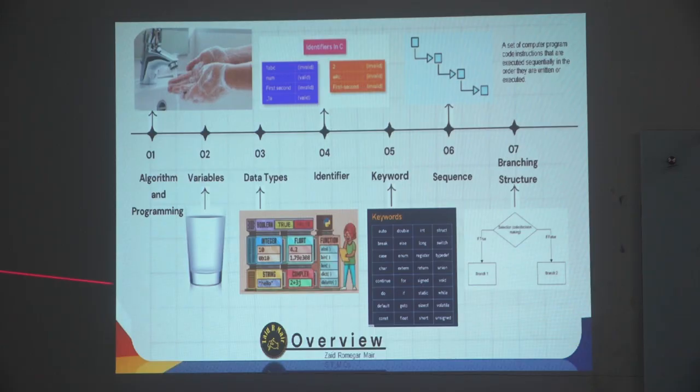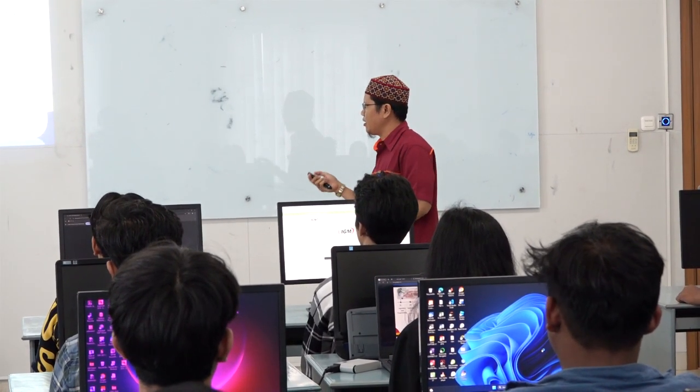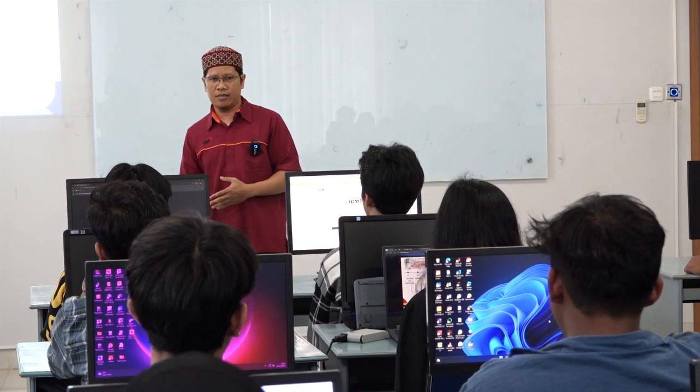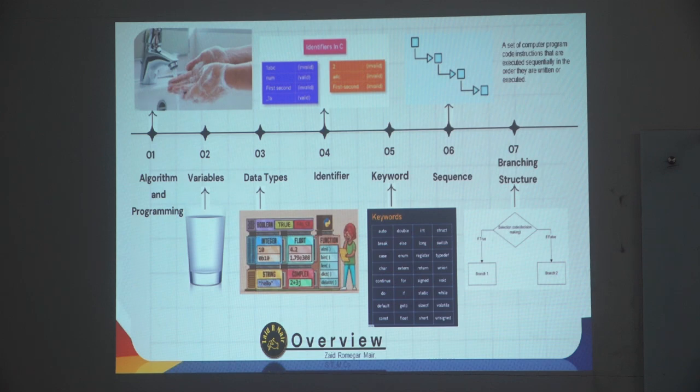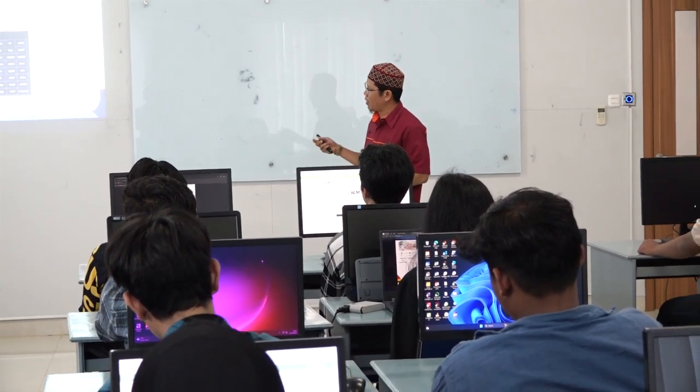Before we declare a variable in our programming, we need a data type. There are many kinds, including integer, character, string, and boolean, which is binary, like true and false. True can be symbolized with the number 1, and false with 0. Then there are character, floating point for decimal numbers, integer, string, and others.